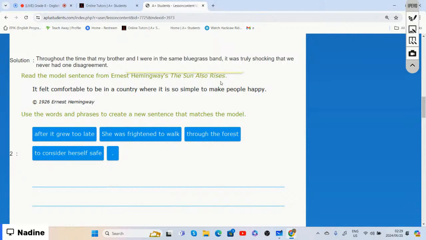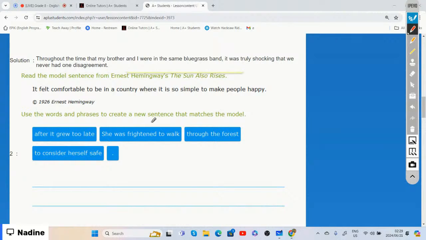Now we need to use the words and phrases to create a new sentence that matches that specific model. I'm going to once again put numbers on it and then we can read it from there. So we're going to start with she was frightened to walk, then through the forest.